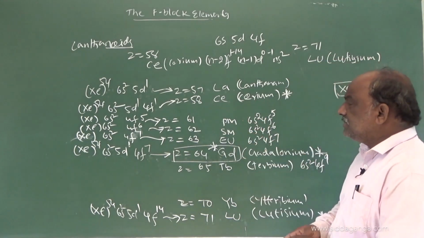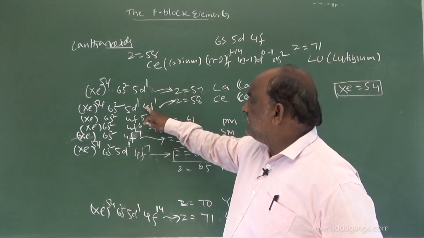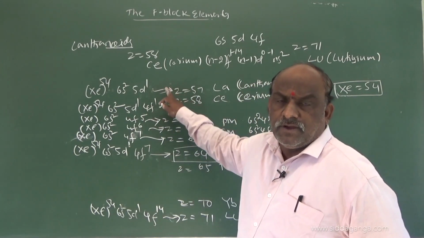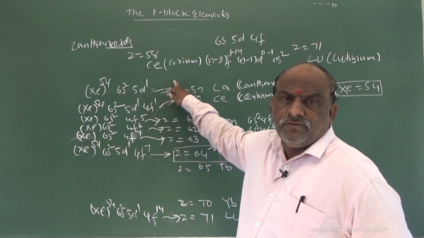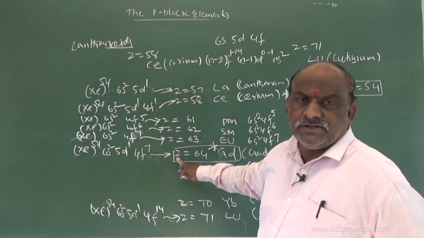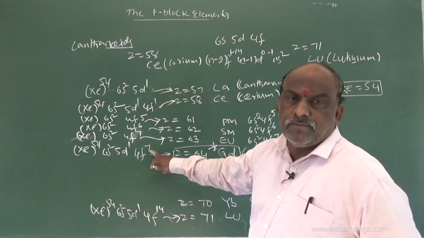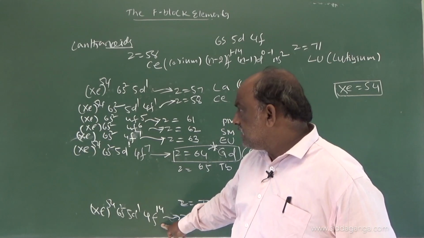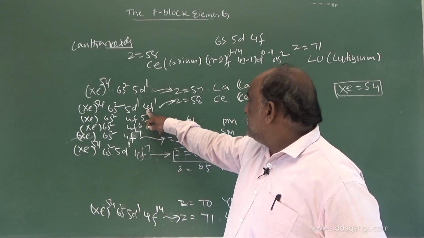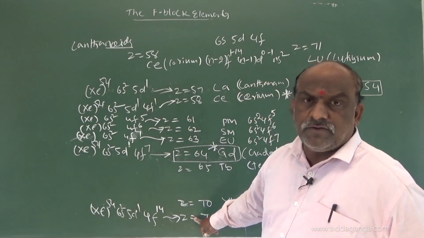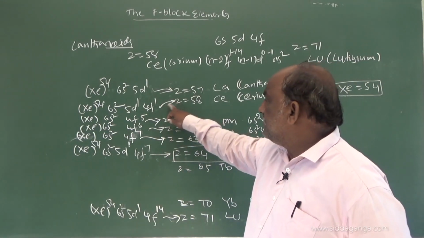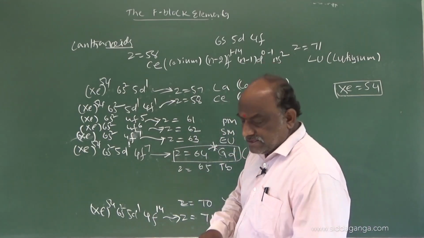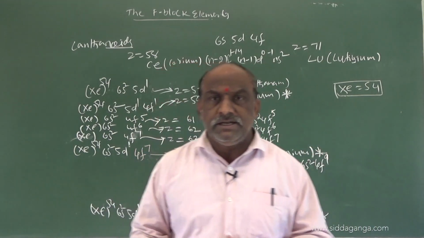So make a note, my dear students, that is why you should remember 57, 64, 71. 57 is lanthanum, followed by 58 cerium. 57 plus 7 is gadolinium, 64 plus 7 is lutetium. Gadolinium has a half filled configuration in the ground state, lutetium has a fully filled configuration, and cerium has only 1 electron present in the ground state.